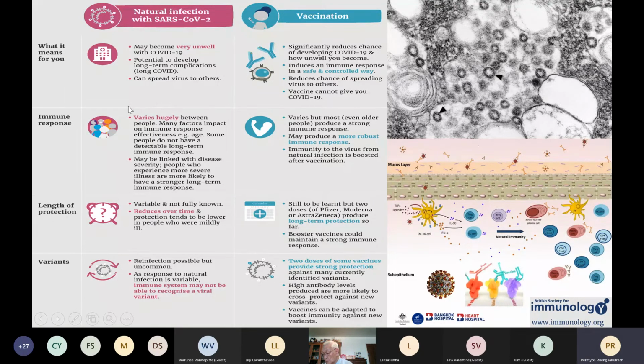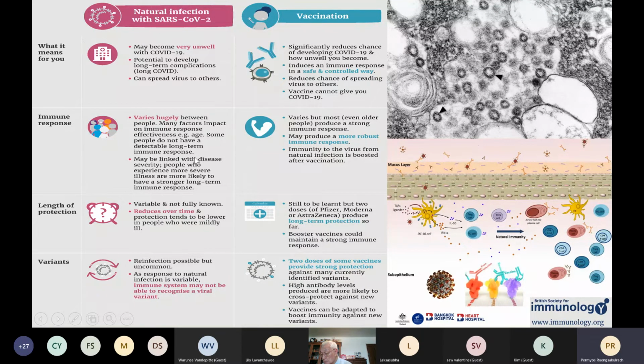And for the immunity itself, if you have natural infection, the chance that you have antibody high enough to combat another infection is very low because it's unpredictable. With very mild disease, people don't have enough antibody to prevent the next infection.